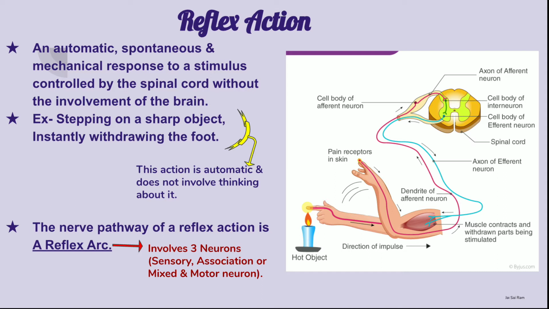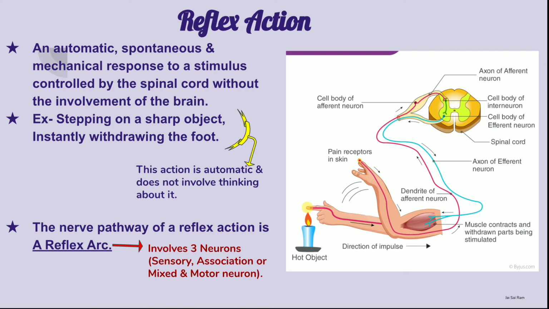From the sensory organ, the impulse goes via the sensory neuron, through the sensory nerve, to the CNS, that is the spinal cord here. Then within the spinal cord, the impulse is transferred from the sensory neuron to the motor neuron, and the motor neuron gets the message to remove the foot.